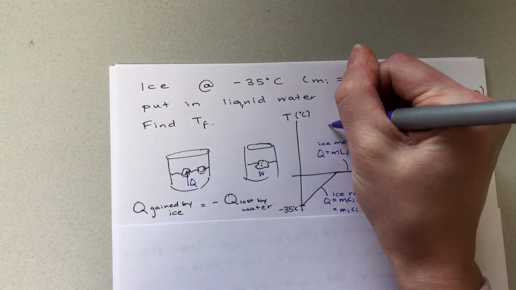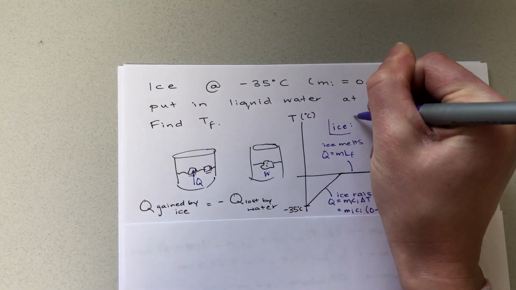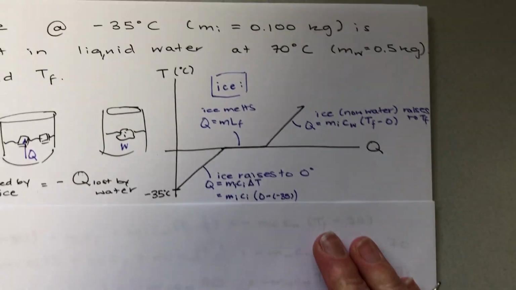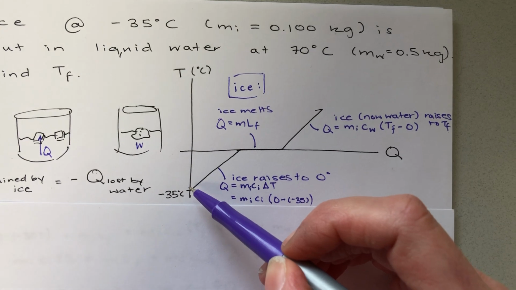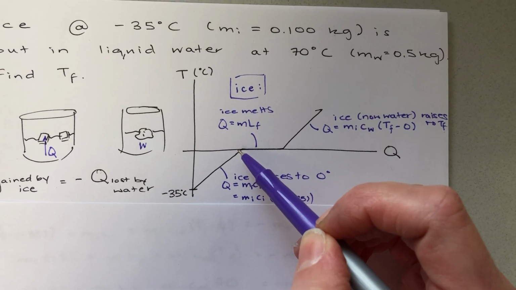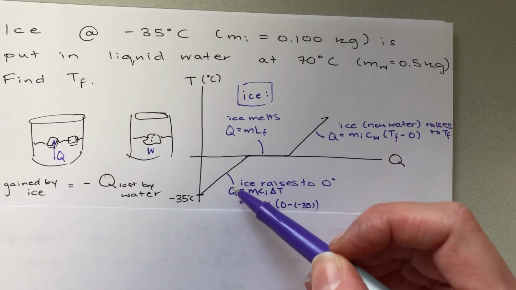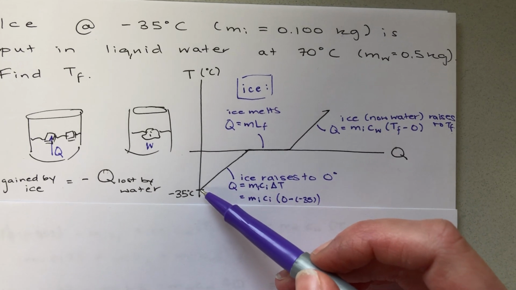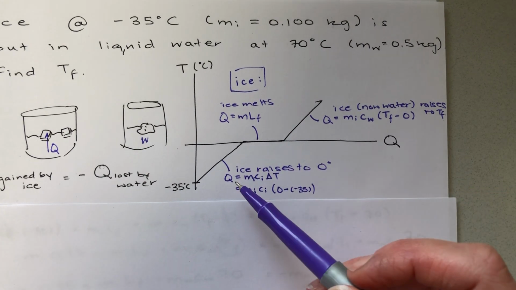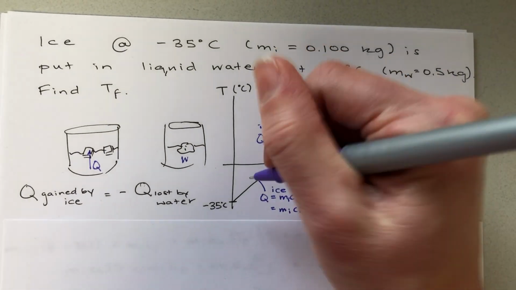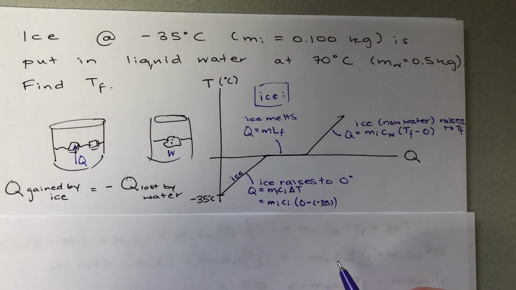So if we think about just what's happening to the ice, this is sort of the picture of what's happening to the ice. The ice is starting at negative 35°C. And then it has to raise the temperature. So feel free to pause this if you need to copy this graph down. So it starts at negative 35 and then it goes to 0. So that process happens when this is actually ice itself, right?